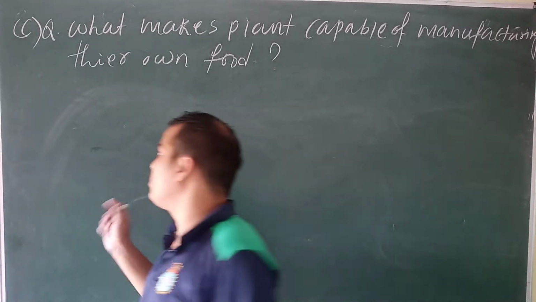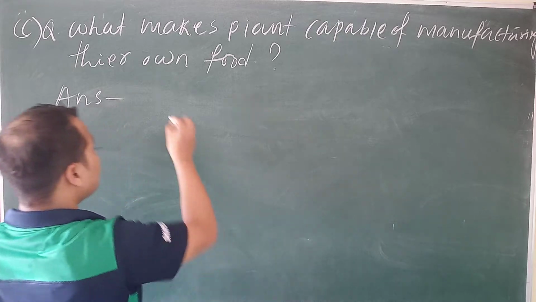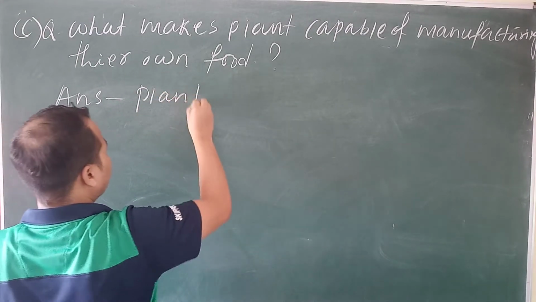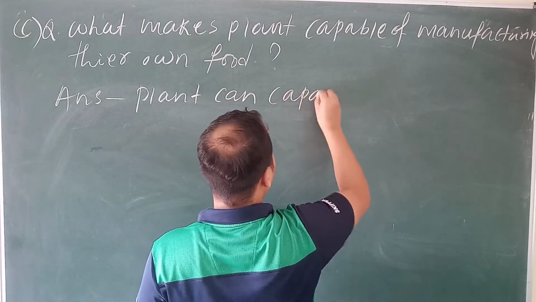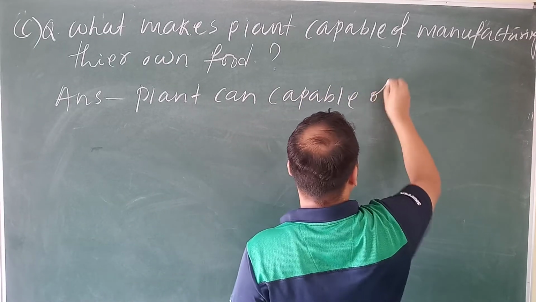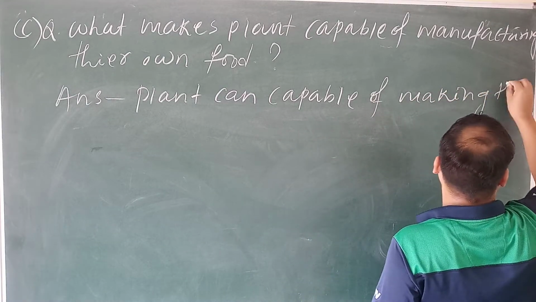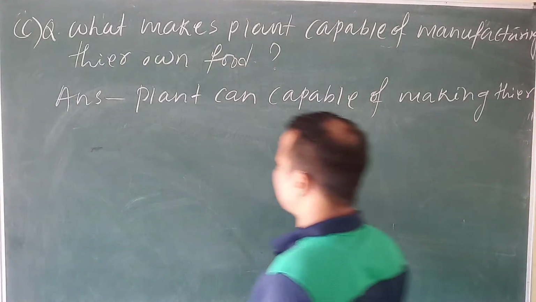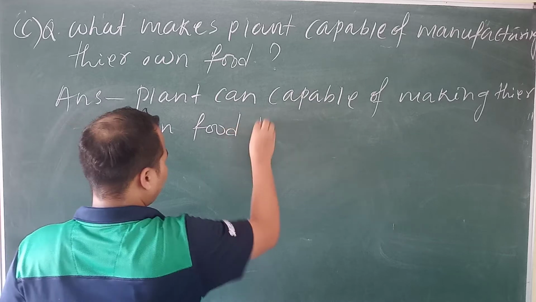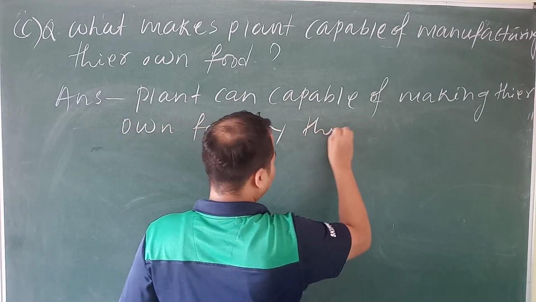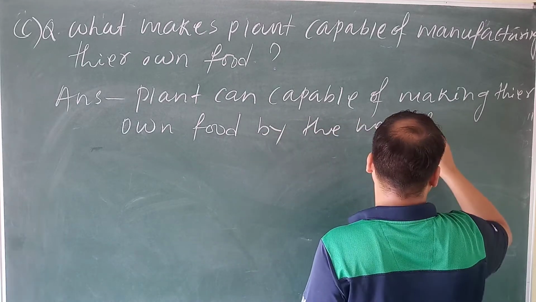So write down. The answer should be: plants are capable of making their own food by the help of what? Help of sunlight.